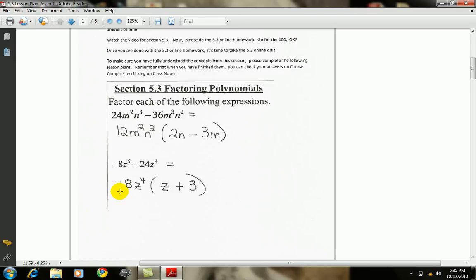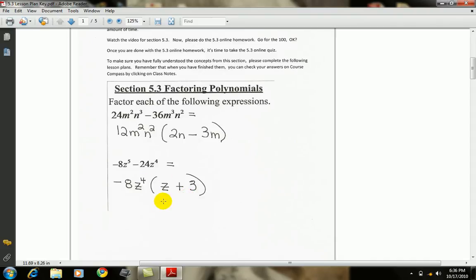If your leading term starts with a negative, your greatest common factor has to have a negative in it. And in this case, what we pull out of the 8 and the 24 would be an 8. Out of the z to the 5th and the z to the 4th, we can pull z to the 4th. And of course, as I told you, pull out the minus. So our greatest common factor is the opposite of 8z to the 4th.